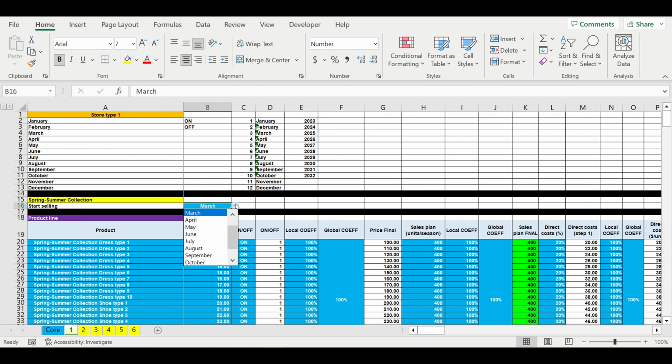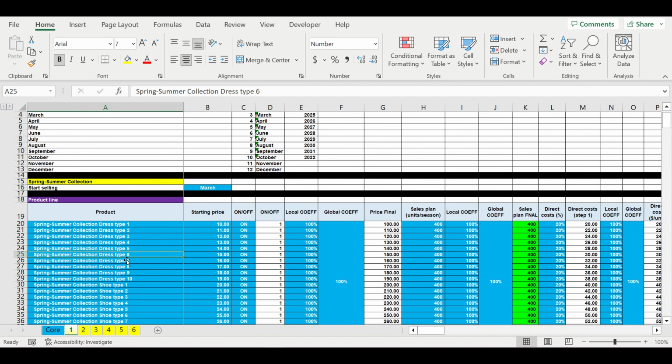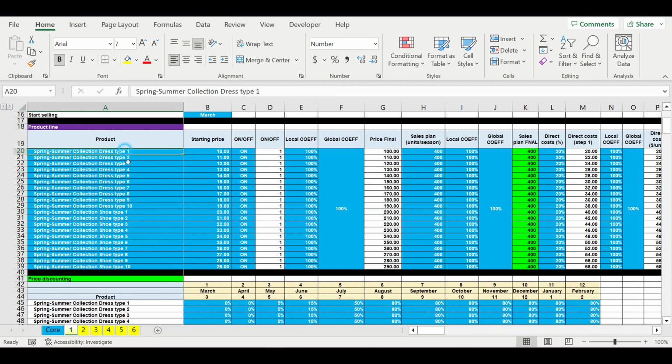Here we specify when we start selling this collection. Then we set up the product line here. These are the prices. We can switch different products on and off from calculations, and we have global and local coefficients for pricing for scenario play.